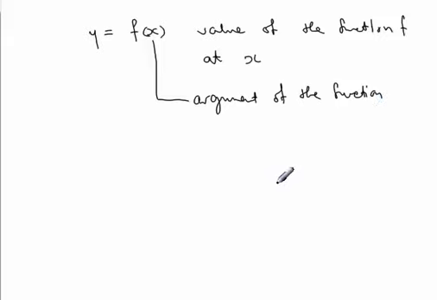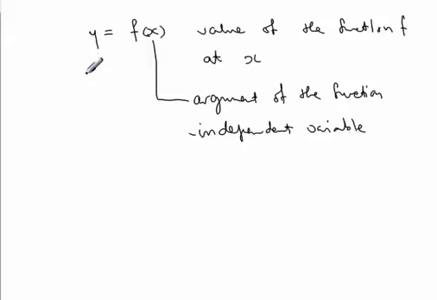That's the argument of the function. And this x, being the argument of the function here, is again called the independent variable. Why variable? Because x assumes different values altogether.